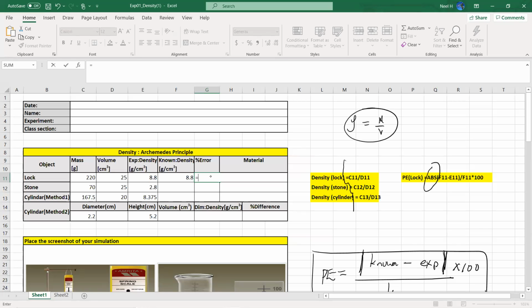This starts with ABS, which means I'm considering only the positive sign. Open brackets, I'm comparing two numbers. The first number is the known density for the log, minus the second number, the density we calculated for the log, close brackets, divide by the known density value for the log, multiply by 100.